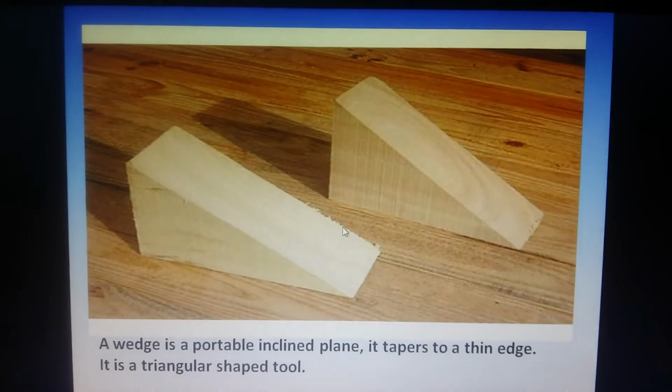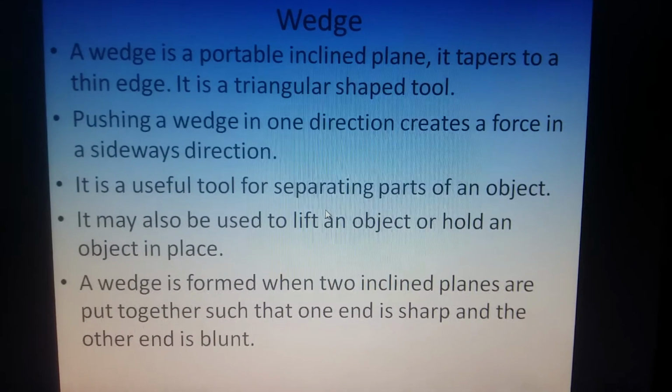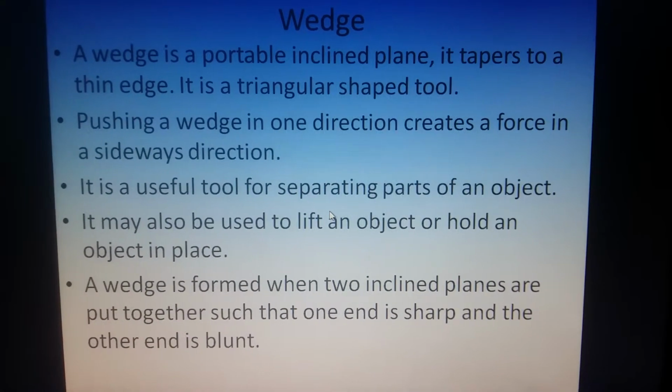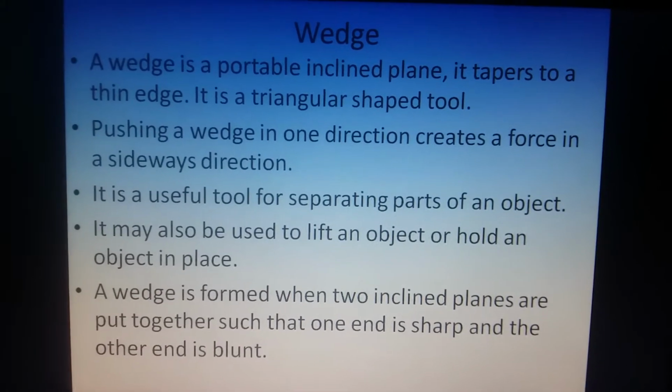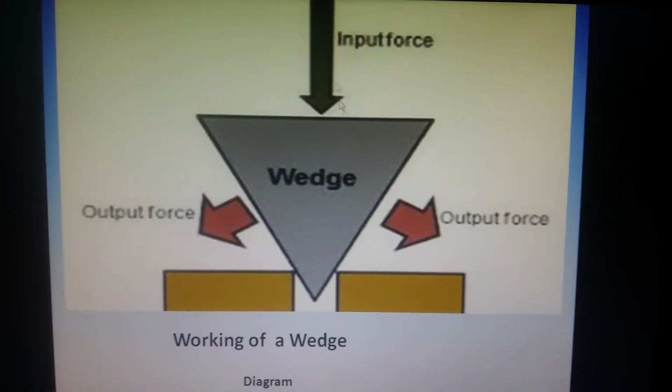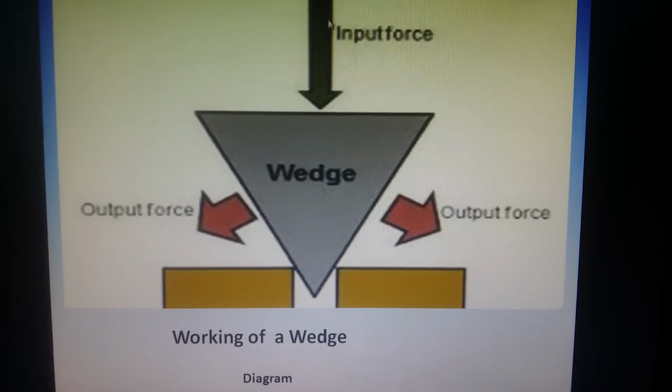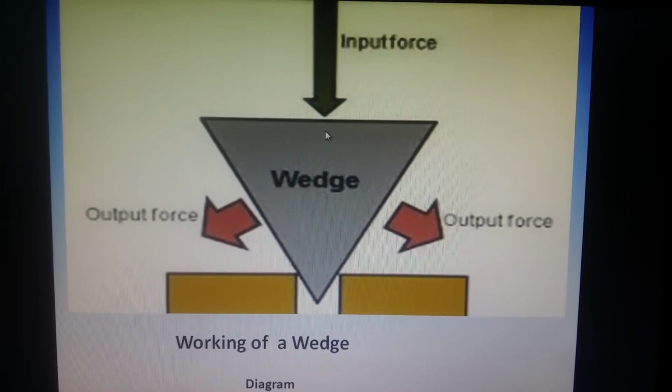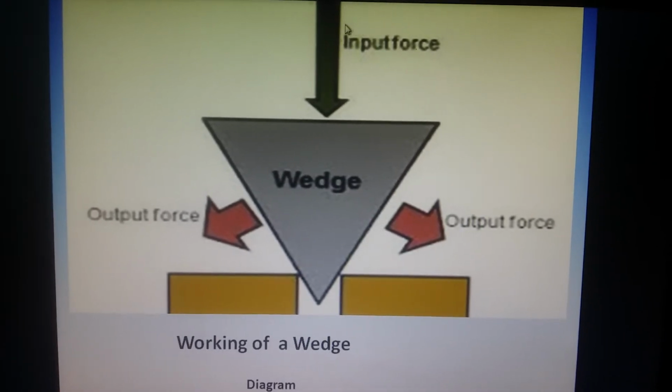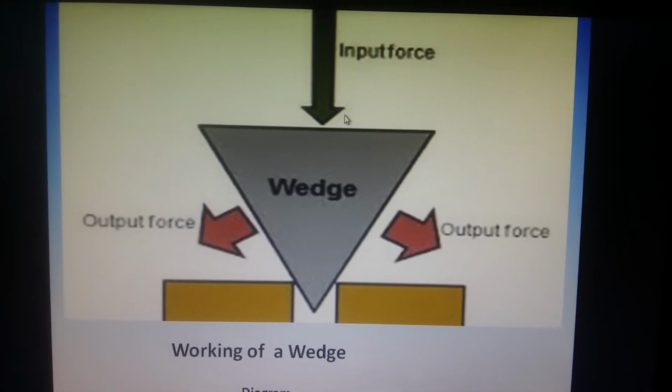It is a triangular shaped tool. Pushing a wedge in one direction creates a force in a sideways direction. How does it happen? When we apply a force from one direction, this is the input force, this is a wedge, a triangular tool, and we are putting a force from this direction.